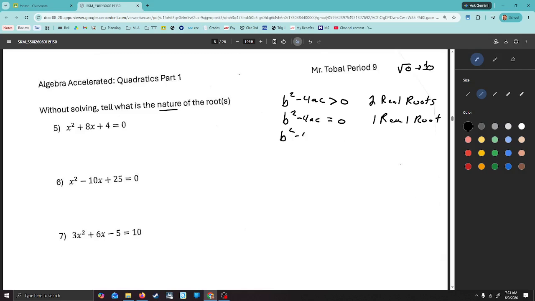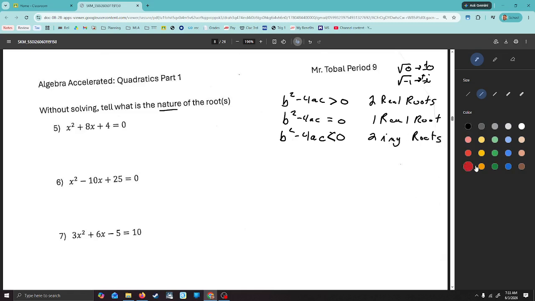And the last one, b squared minus 4ac is less than 0. In this case, it's negative, and when you square root a negative, it's imaginary. But there's still 2 of them, so it's 2 imaginary roots.